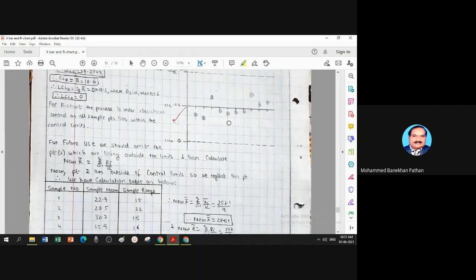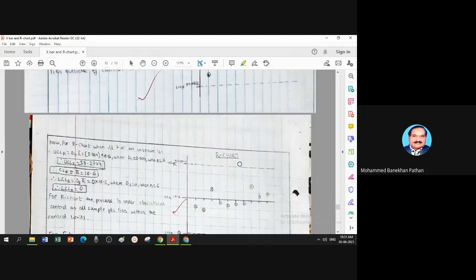Now the next part is that you have to suggest control limits for the future. To suggest for the future, we have to omit the points which are lying outside the limits and then recalculate the limits.